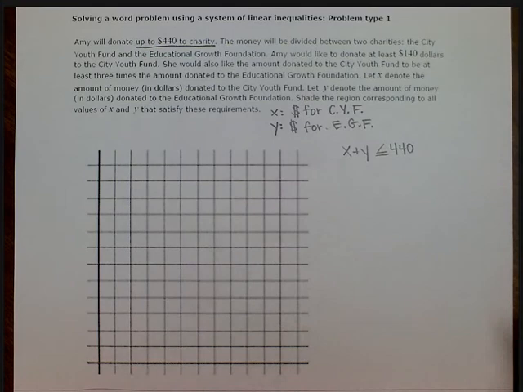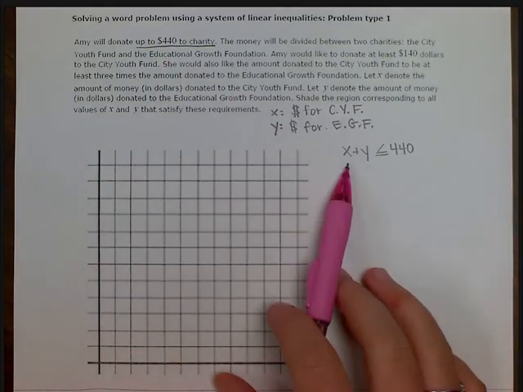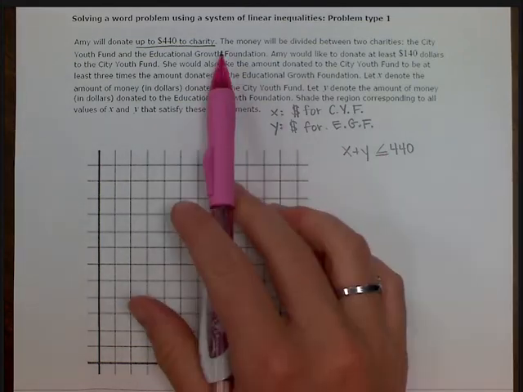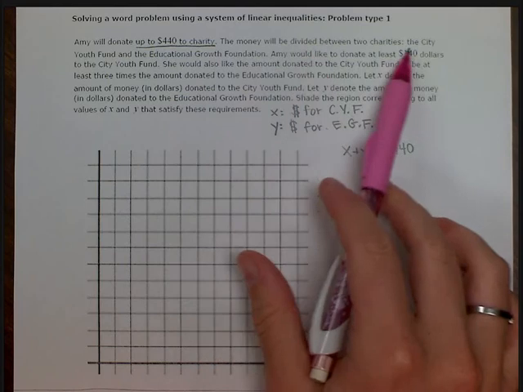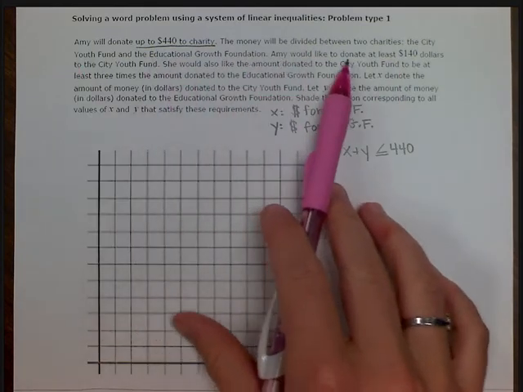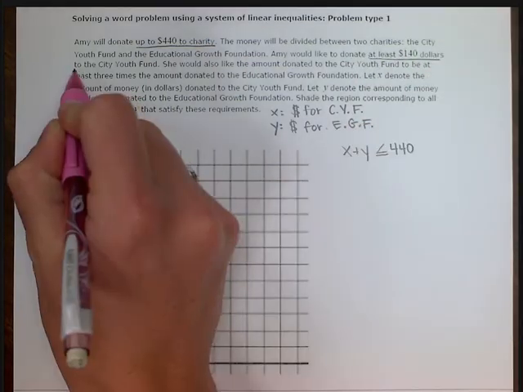Okay, that's our first piece of information, and we've got our first inequality. Now, we know we're doing a system, so we're going to have 2 or more inequalities by the end. So, the money will be divided between 2 charities, the City Youth Fund and the Educational Growth Foundation. Amy would like to donate at least $140 to the CYF, the City Youth Fund.